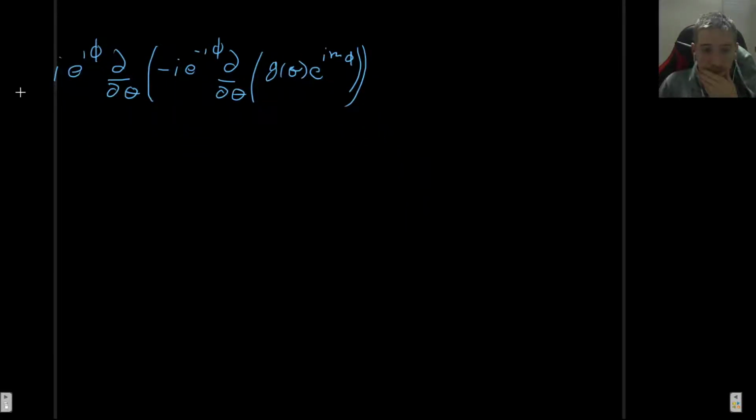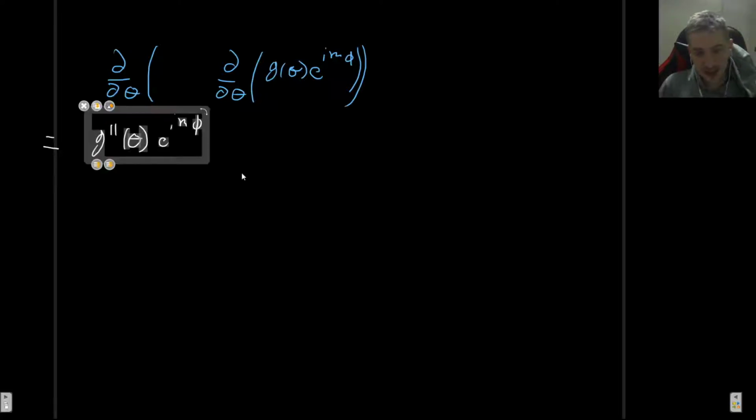Okay, so new page. So this is going to be what? Well, we have i, and in fact maybe let me just simplify it right here. This is going to give us a minus sign, which will cancel out this minus sign. And then we have this exponential right here, which will not be affected by the partial derivative with respect to theta. So this one will cancel out this one right here. And then all we are left with is actually the second derivative of g, whatever this function is, times e^{i m phi}, since this is not going to be affected by the partial derivatives in theta.